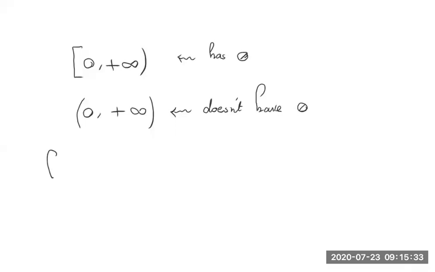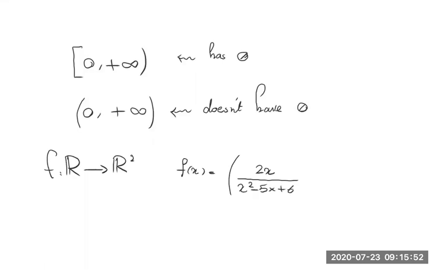So let's look at a few examples in the higher dimensional case. When we have a function f from R to R2, suppose f of x is equal to 2x over x squared minus 5x plus 6, and square root of x over 2 minus x.